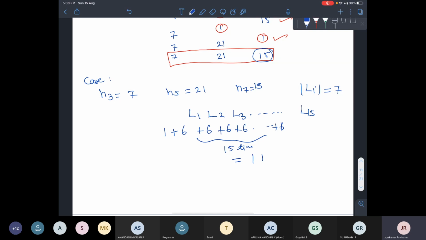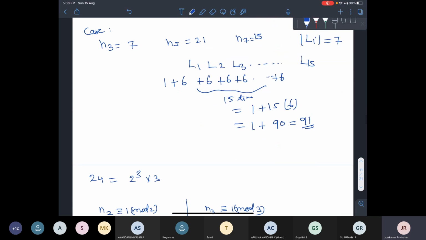So that is 1 plus 15 times 6, which is 1 plus 90, so 91 elements I have already counted.